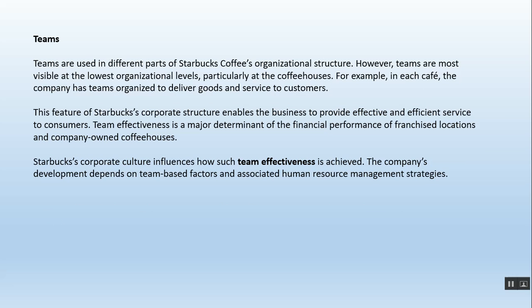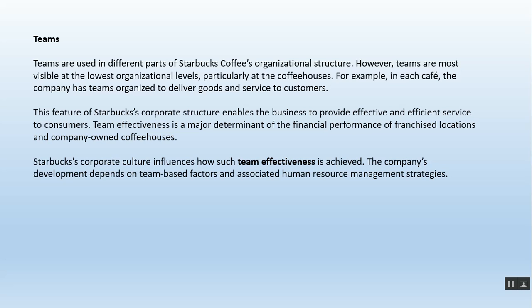There's also a strong team component, and teams are used in different parts of the Starbucks organizational structure. However, teams are most visible at the lowest organizational level, particularly at the coffee houses. For example, in each cafe, the company has teams organized to deliver goods and services.